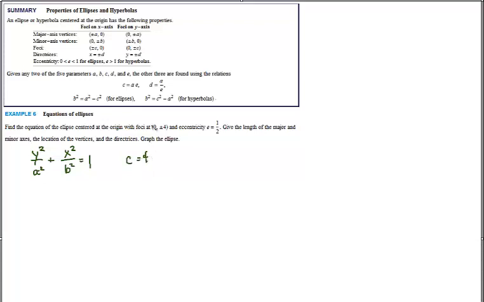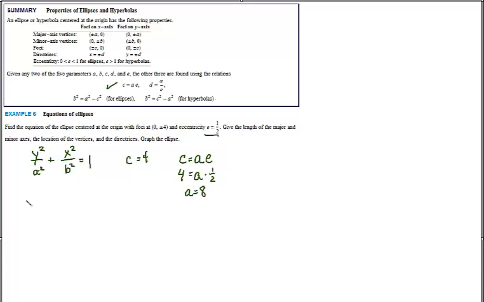I can use these equations here to get my a and then my directrix and then get my b. So they tell me that e is 1/2, so I know that c equals a times e, so I have 4 equals a times 1/2. That gives me that a is 8.